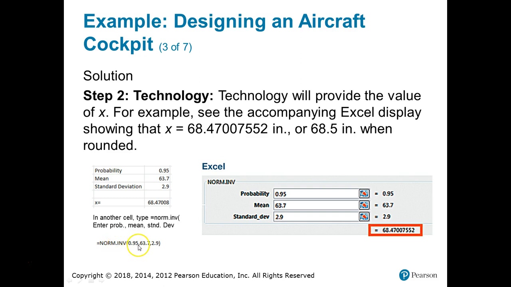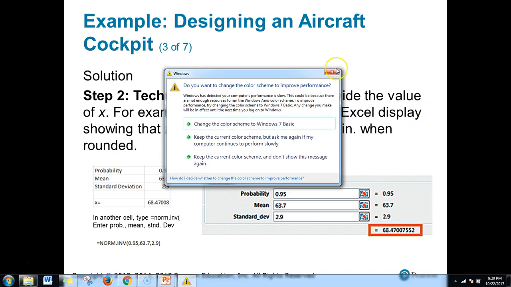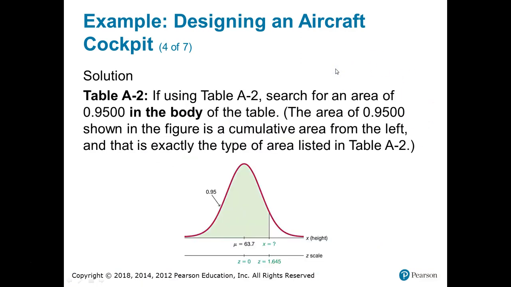Then they want it in this format: your probability, comma, your mean, comma, your standard deviation, close parenthesis, hit enter, and you get your 68.47.